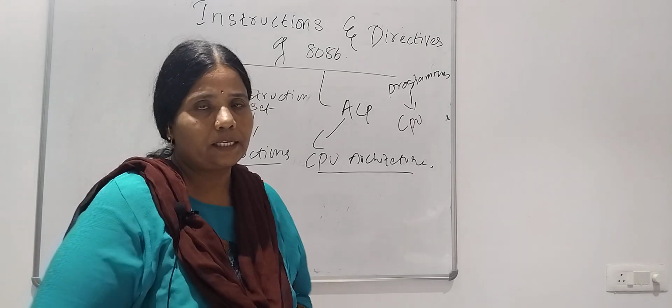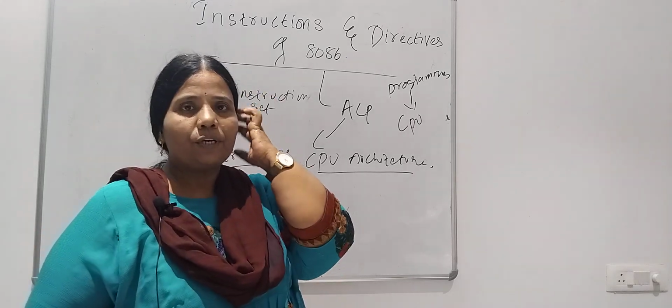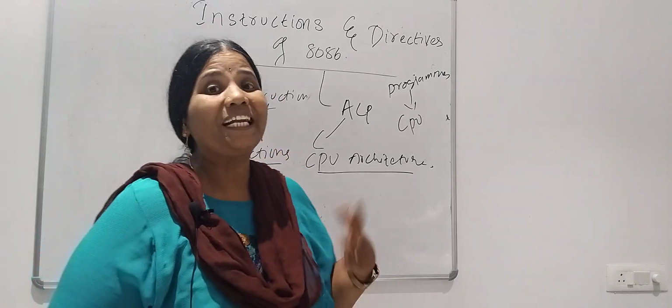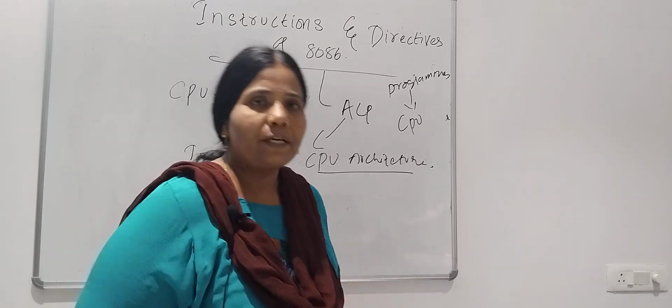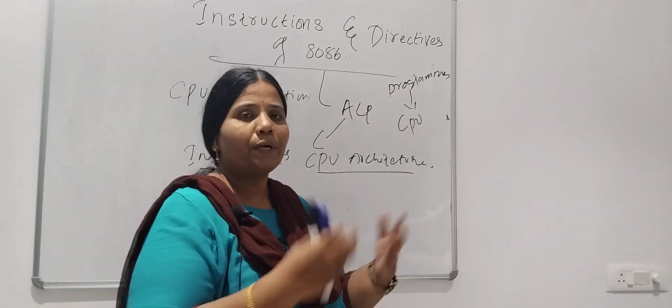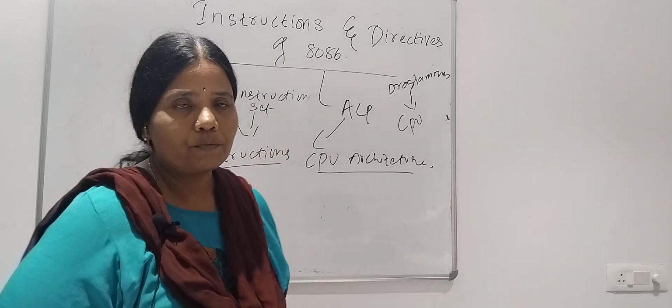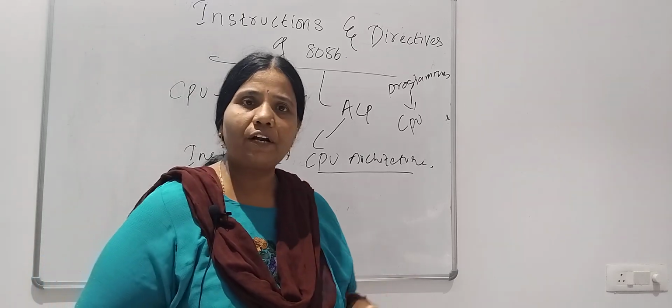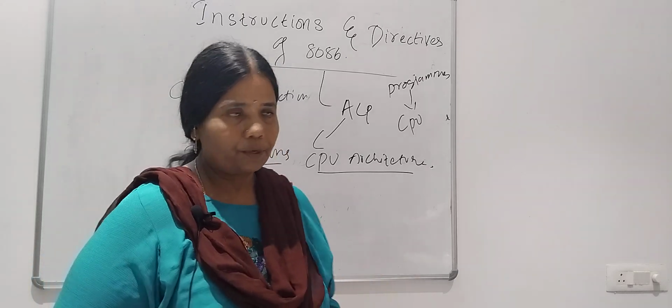If you take C programming, you use predefined functions like printf and scanf. What does printf do in C programming? It prints whatever output is there to the output device. Scanf reads the data from the input device.